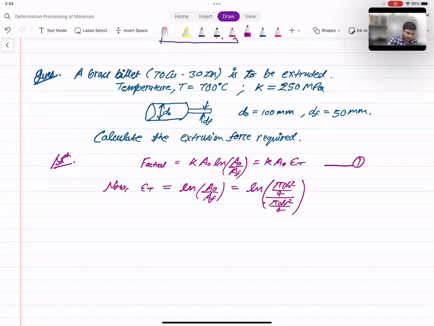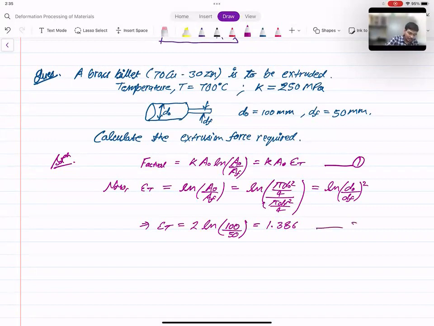So this ultimately becomes ln of d naught by df whole square. Okay. And if we substitute the values, what we get is true strain is nothing but 2 times ln of 100 by 50. So this approximately comes out to be 1.386. Okay. So this is the value of true strain.